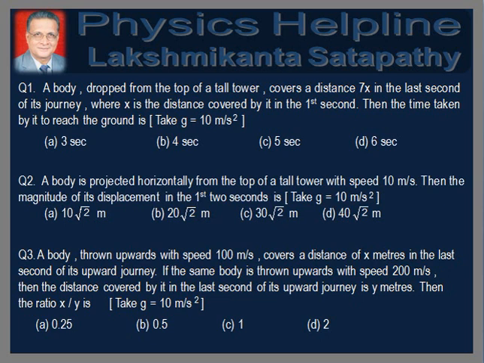Then the ratio x by y is, take acceleration due to gravity g equal to 10 meters per second square. The options are 0.25, 0.5, 1 and 2.